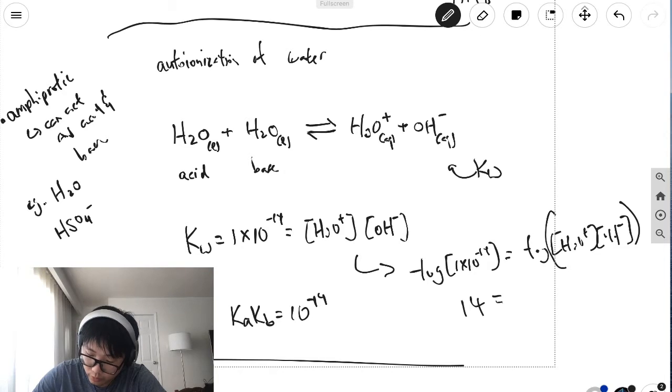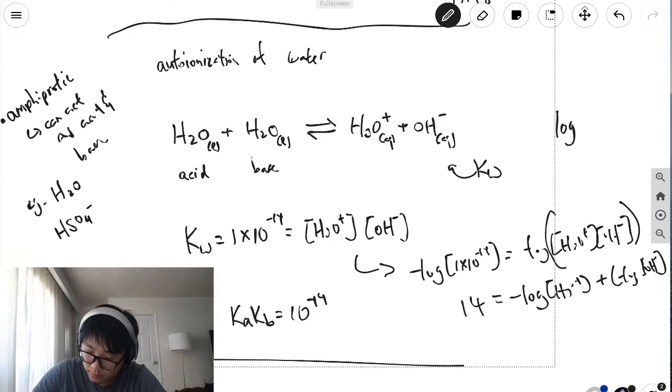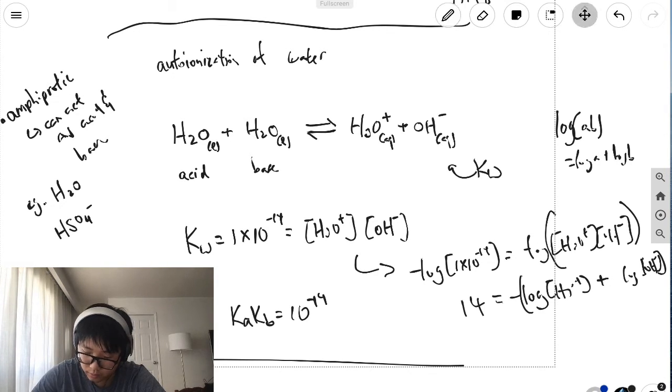On the right side, we can split that into negative log of H3O plus, negative log of OH minus. And that's because of another property of log, where log of AB is really just log of A plus log of B. You know that from advanced functions.